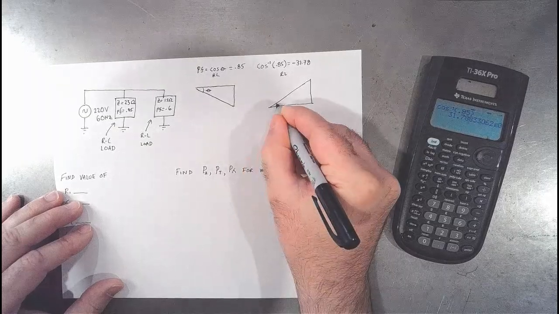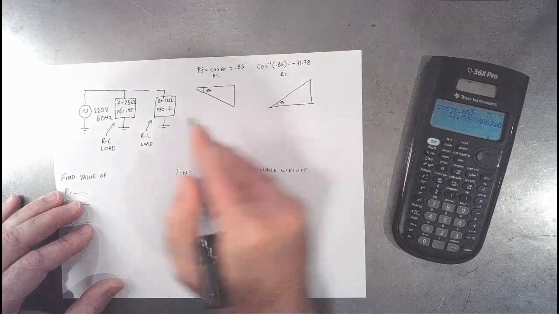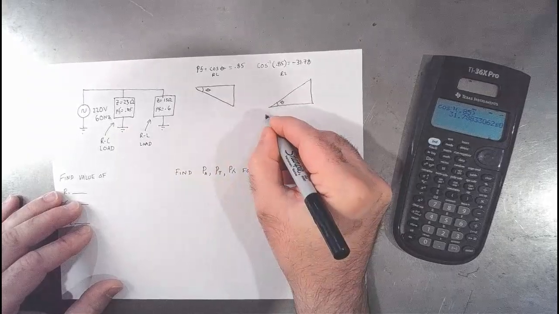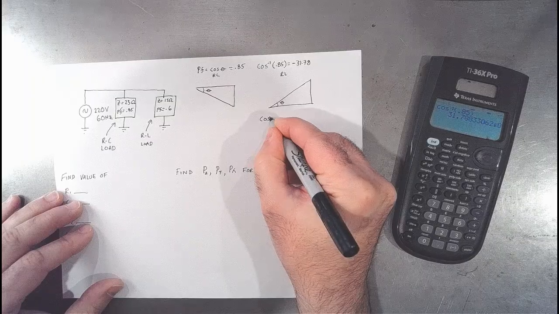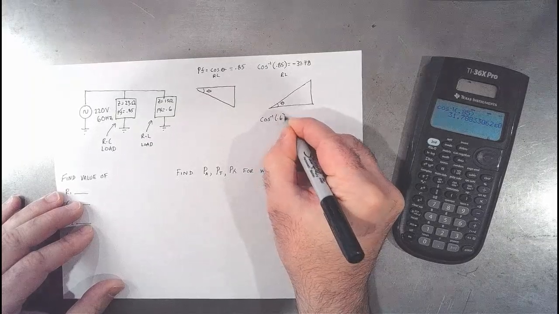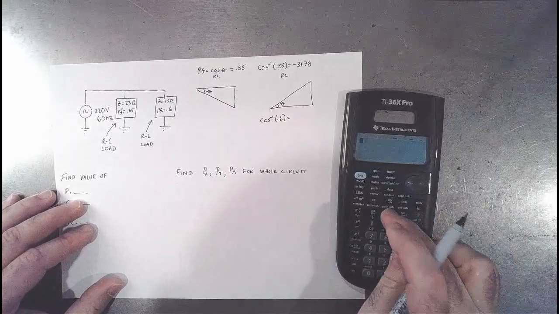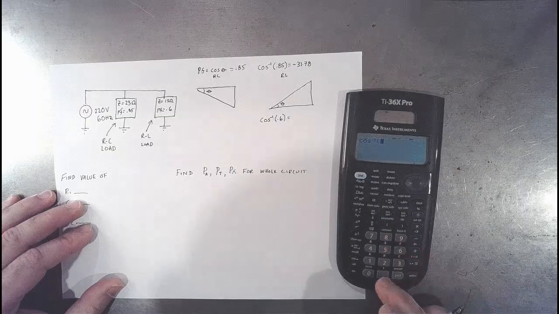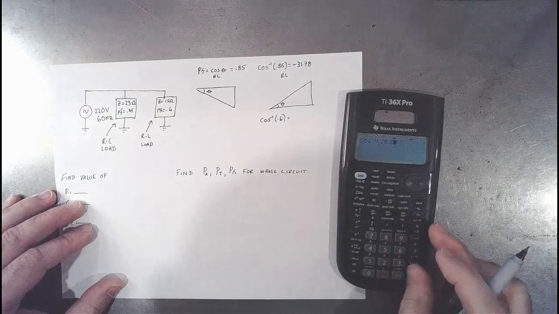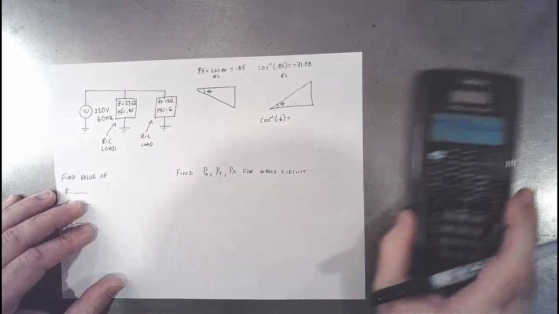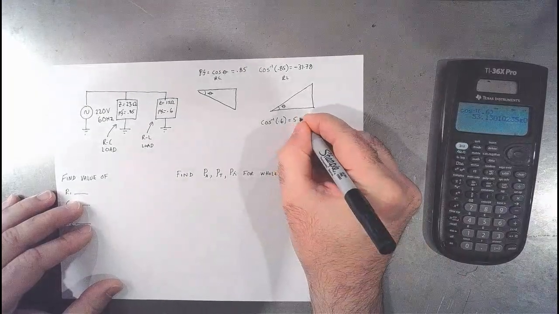Once again, I'm going to have to find the angle here. The power factor is 0.6, so arc cosine of 0.6 is what? It is 53.13 degrees.